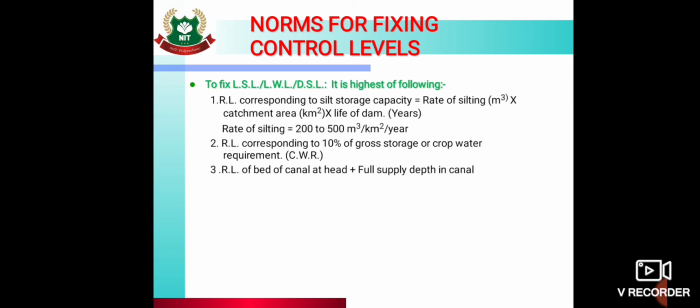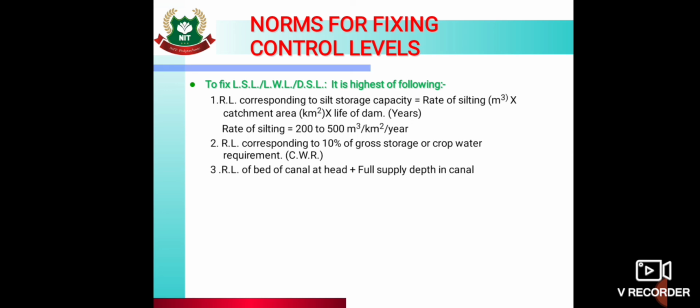So for fixing low supply level, low water level, it is the highest of the following. First, RL corresponding to silt storage capacity, which is equal to rate of silting in meter cube multiplied by capacity area in kilometer square, into life of dam in years.